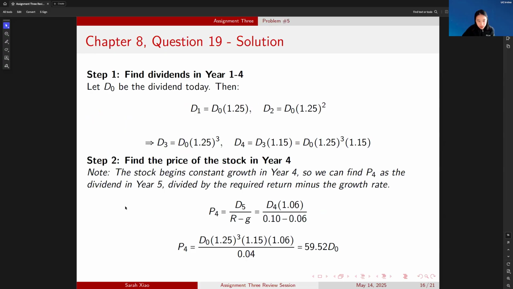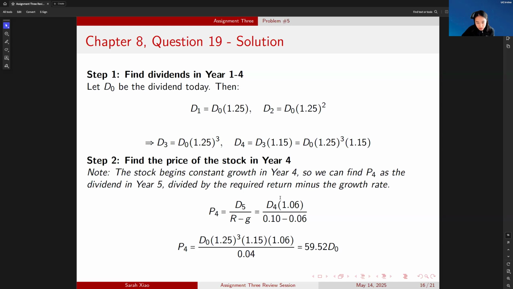All right, the next step is to find the price of the stock in year 4. Note that the stock begins constant growth in year 4, so we can find P4 as the dividend in year 5, divided by the required return minus the growth rate. So we use this formula. We want to find the price in year 4, so we need the information about dividend in year 5 and required return minus the growth rate.